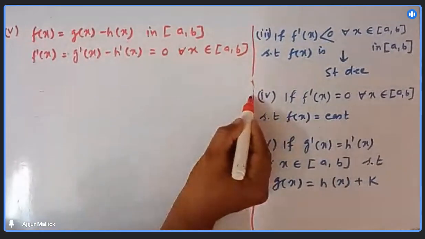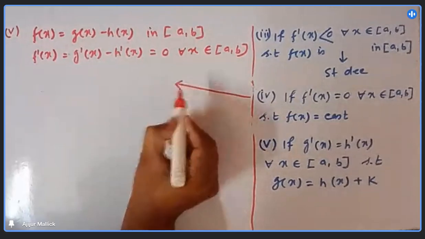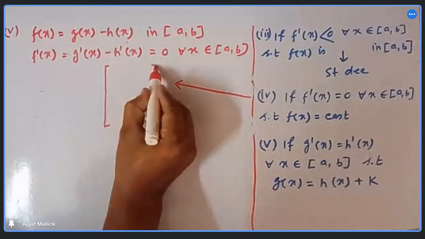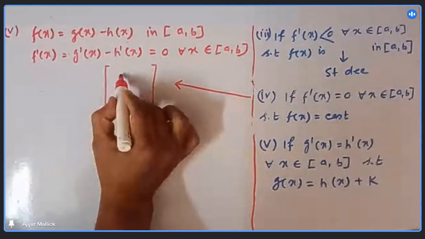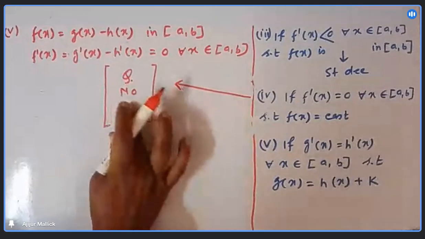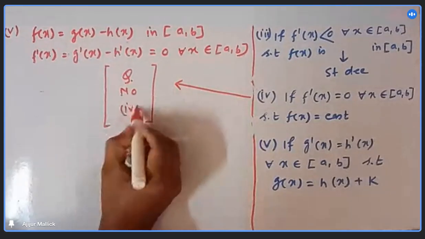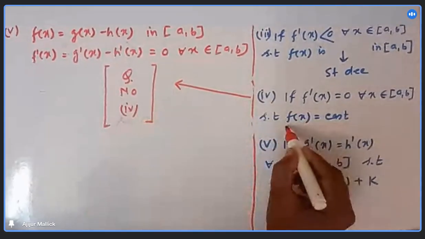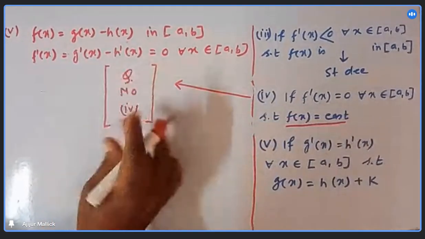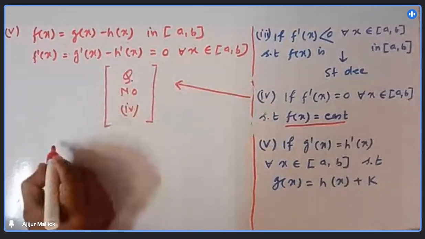And we have done sum number 4. We shall copy sum number 4 here; you have to show this. In question number 4, we have shown that f of x is equal to a constant. You have to write the solution.